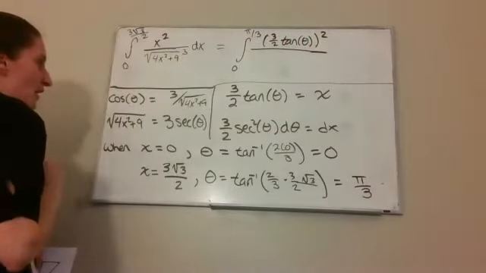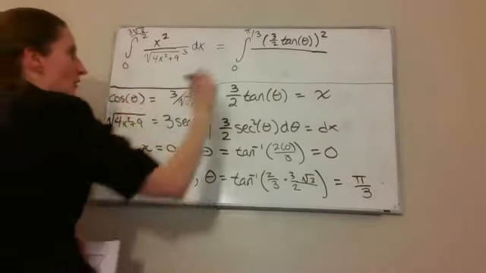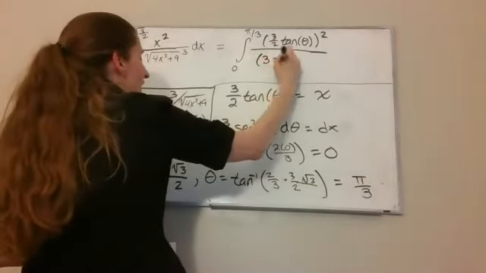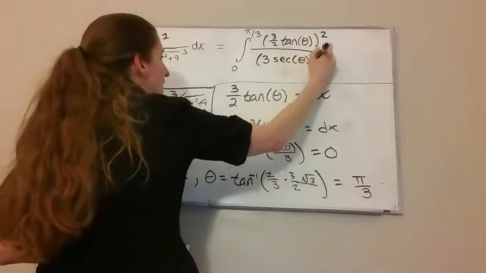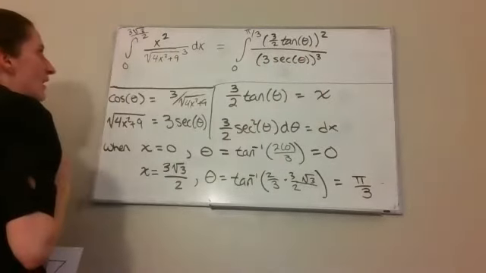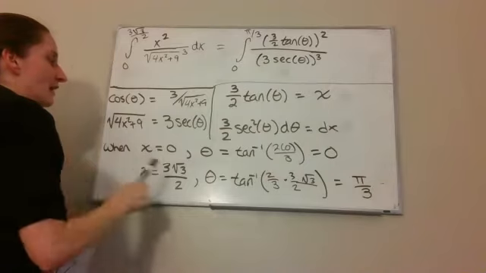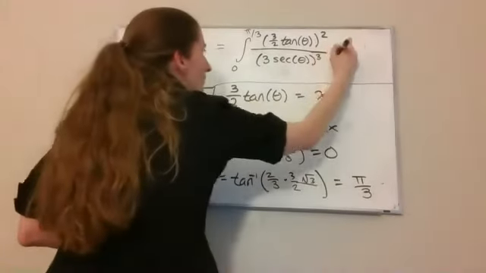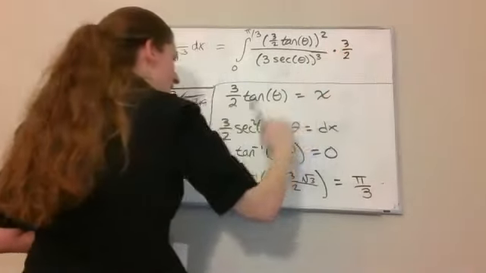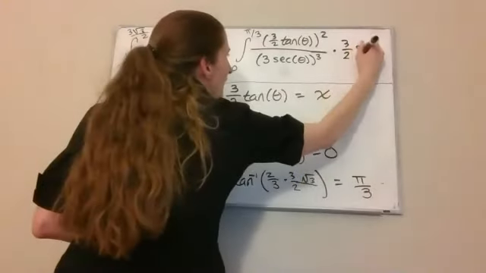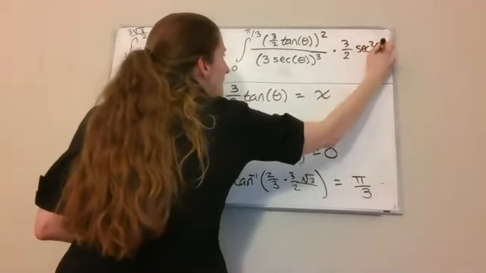And my denominator is the square root to the third. So that's 3 secant of theta to the third. And then my dx is 3/2 secant squared theta d theta.